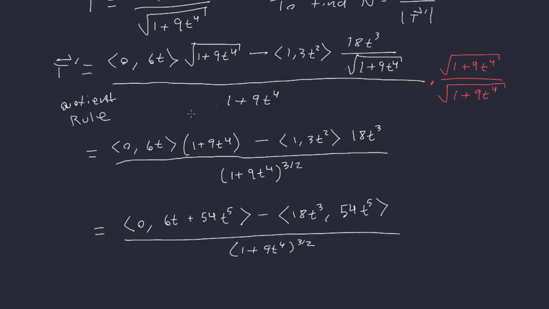All right, so I just wanted to show here, I distribute this through, and when we do the subtraction, you'll notice that the 54t to the fifths will cancel out. So this is going to simplify a lot more than we maybe expected. All right, so here we are. We're down to our T prime, which is negative 18t cubed, comma 6t, all over 1 plus 9t to the fourth, all to the 3/2. So while it started off looking awful, it does come down to be something kind of nice.